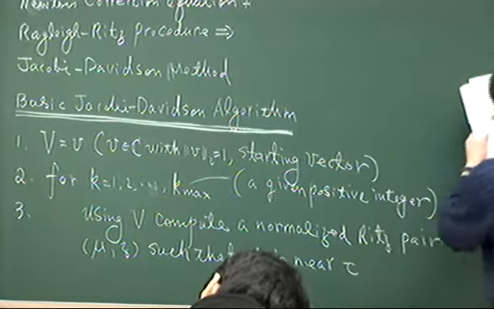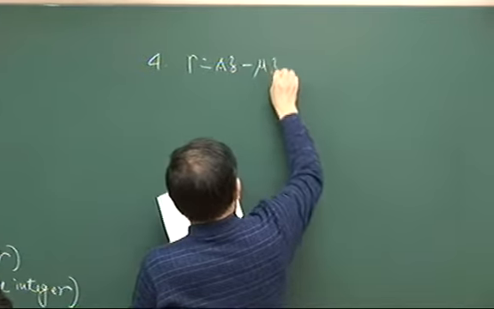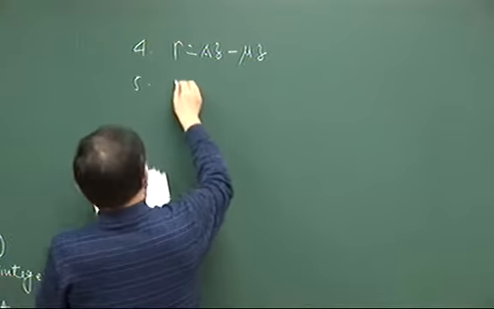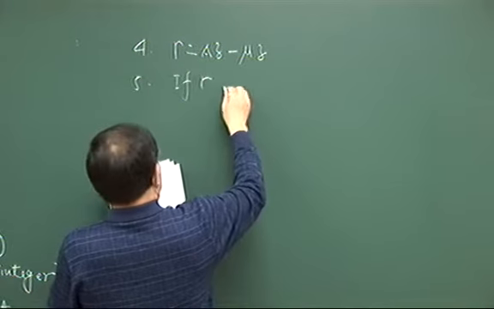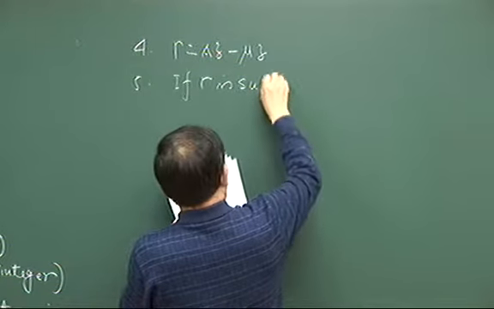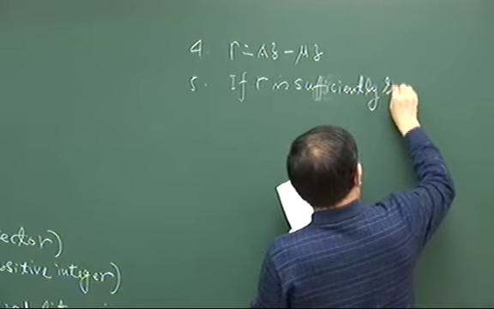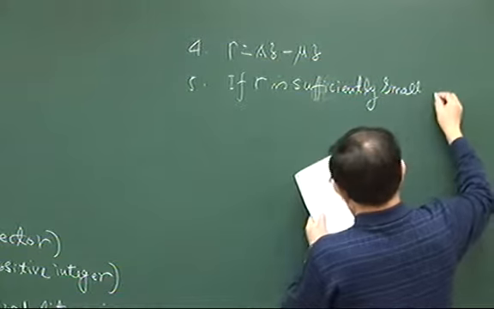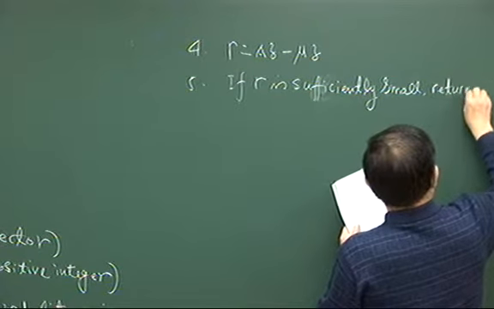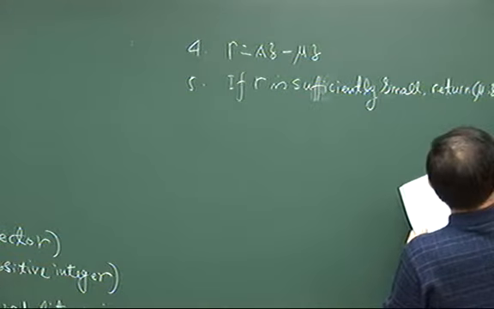The residual is r equal to A z minus mu z. Then if r is sufficiently small, we return mu, z at the exit.